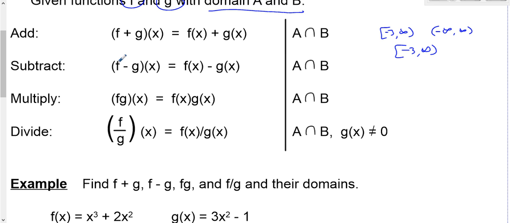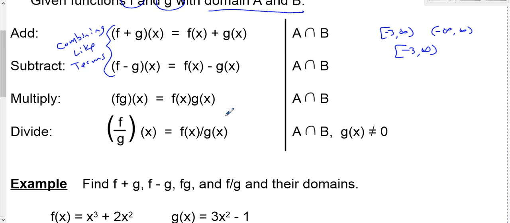When we subtract and we have f minus g of x, you are taking the two functions and subtracting them. So in all reality, these two right here are like combining like terms. When we have to multiply, we would have f times g of x, which is taking the two functions and multiplying them together.